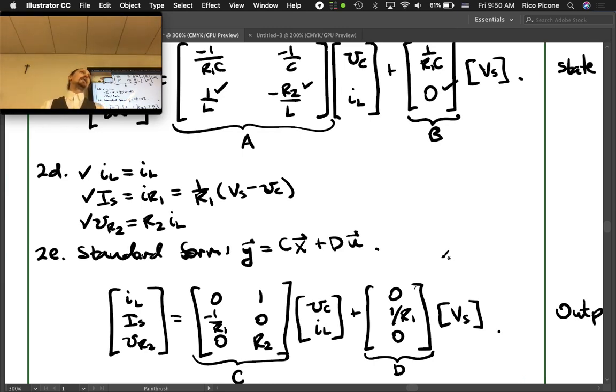And what does the state space model accomplish? So we're going to talk about how to solve it in different ways. But once we solve it, we get to know what our states are for all of time, and we get to know what the outputs are for all of time. So we're going to solve for effectively these variables for all of time.